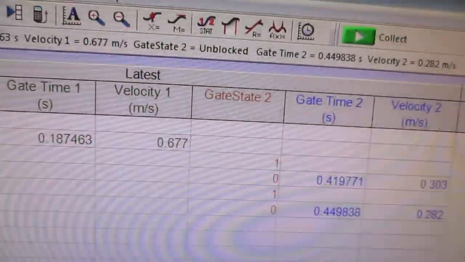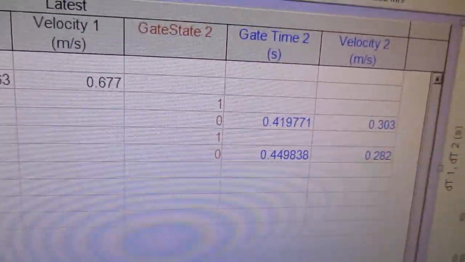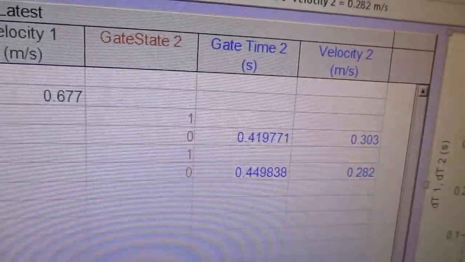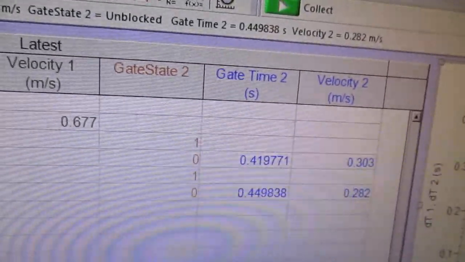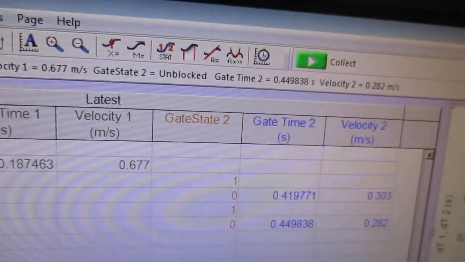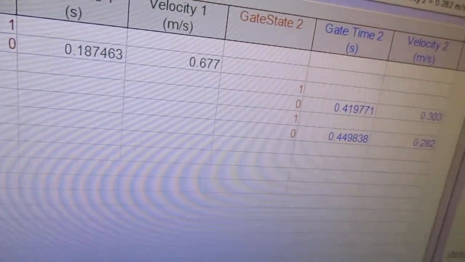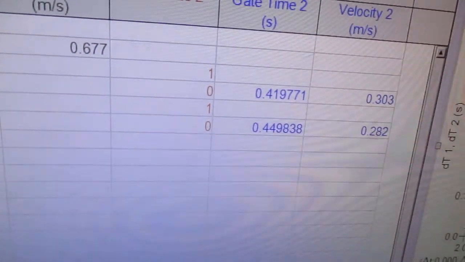So from the velocity, on all three experiments, we can calculate the initial and final momentum based on the mass of the carts, which we would use a scale to measure. The mass of these carts is roughly 0.5 kilogram.